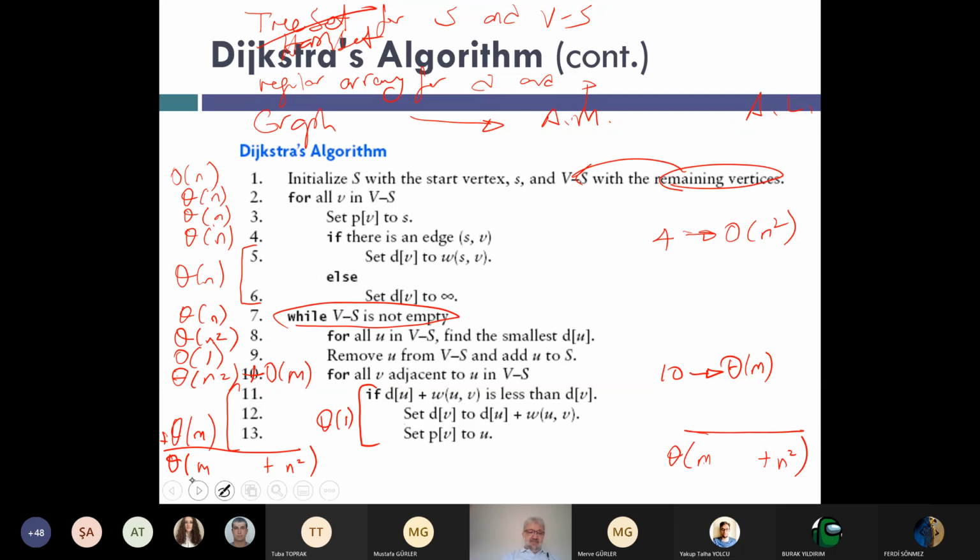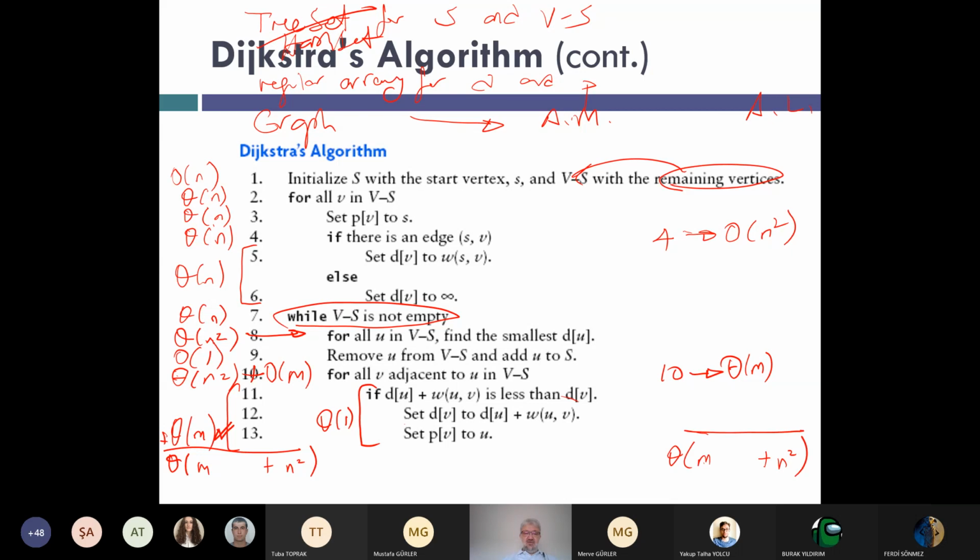Where do we get this m? This m comes from this, right? We have to perform an update for the vertices m times. What about n squared? n squared comes from the 8th step. The 8th step is finding the smallest of the vertices.